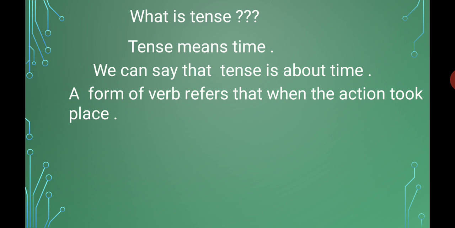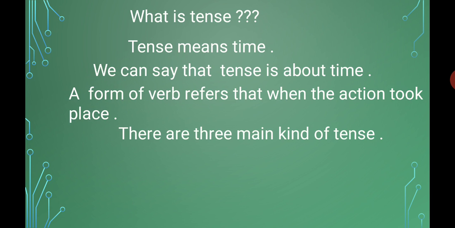From the form of the verb we can identify when the action took place, when the action was done, and the form of the verb indicates the time of the action. It is called the tense. Or we can say that with the help of the form of the verb we can identify the kind of the tense.